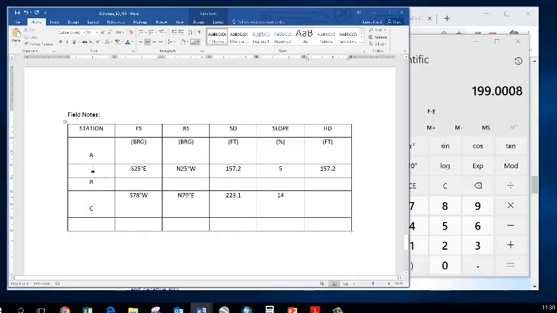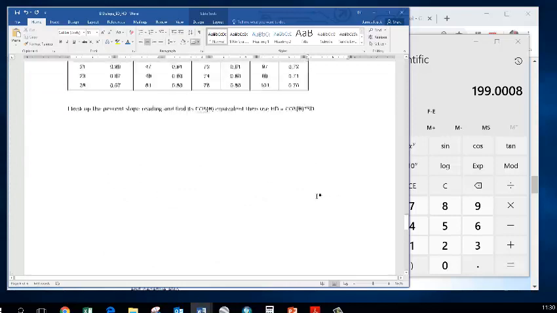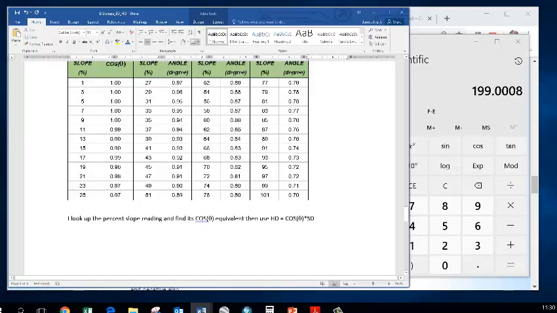So here I'm going from station B to C. I've got a bearing of south 78 degrees west. Oh, okay, 1 degree agreement. That's good. The slope distance is 223 feet, and the percent slope is 14. So I look up 14 on here. It's going to be 0.99.